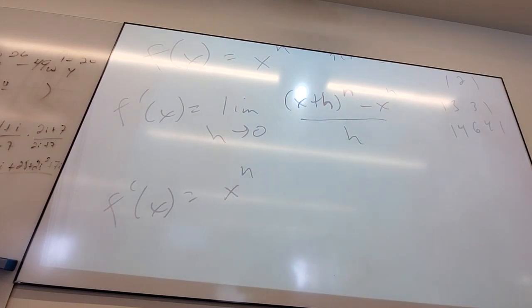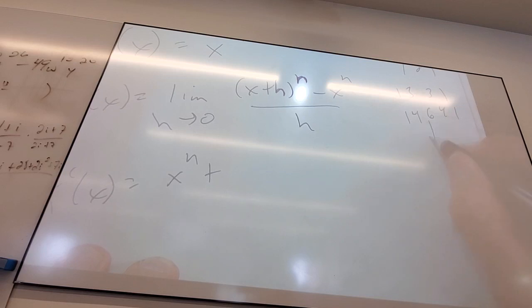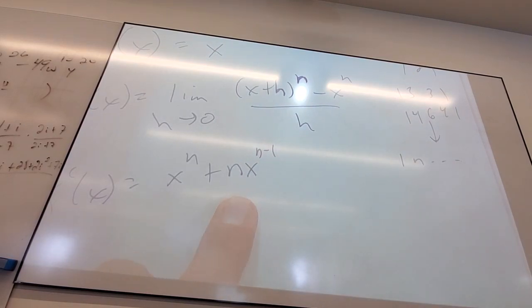If I wrote x plus h times x plus h times x plus h, and did all the FOILing, I'm going to end up with x to the n at first. Now, if I went down to the nth row, it would be 1, n, and so on. So the next coefficient will be n. I'll have 1 less x, and 1 more h.